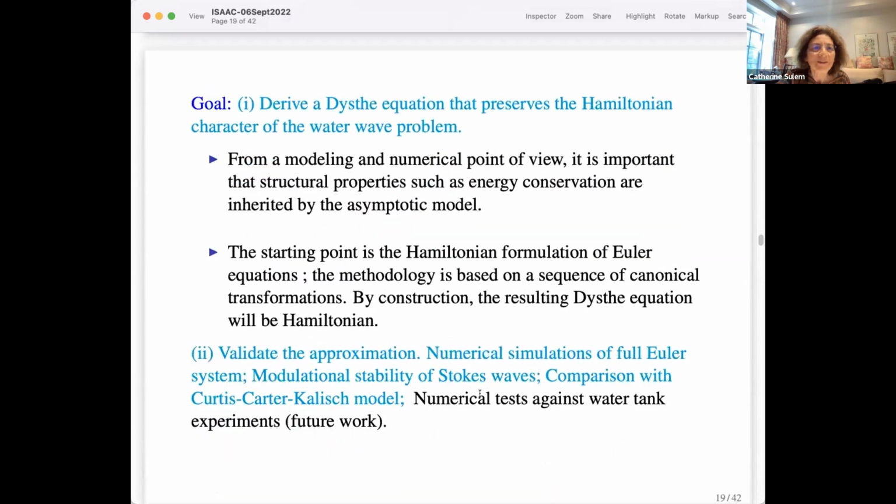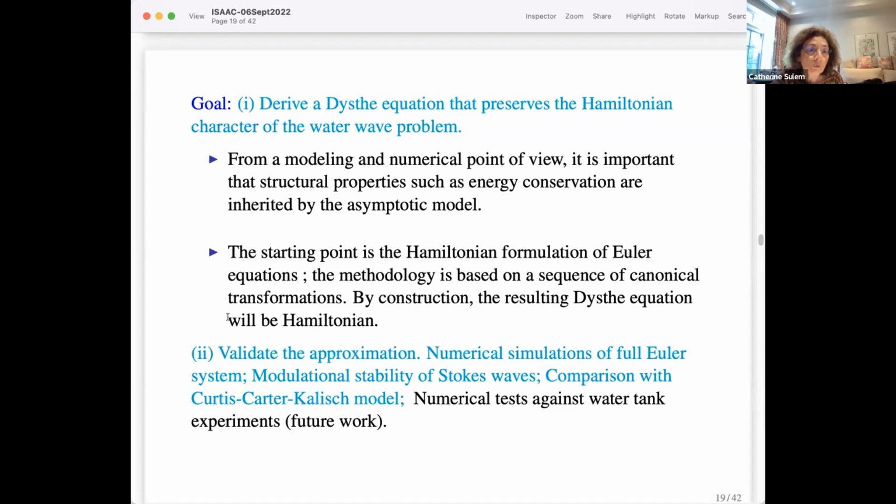The goal of our work was to derive a Dysthe equation that preserved the Hamiltonian character of the water wave problem with constant vorticity. From the modeling and numerical point of view, structural properties such as energy conservation are important, so we want to have energy conservation in our asymptotic model.